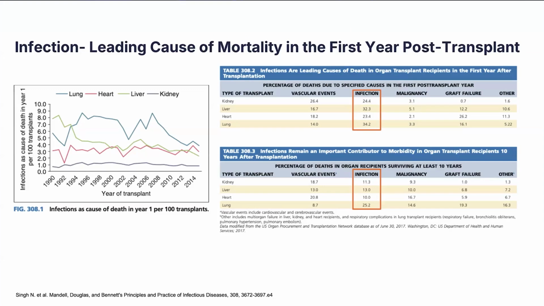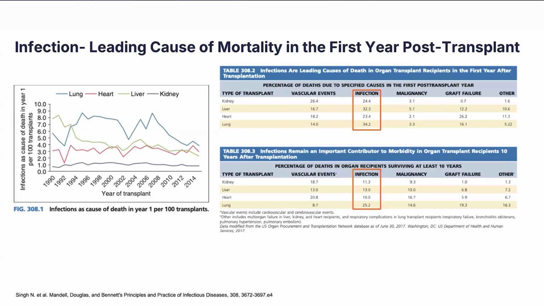If you look at the table on the top, in the first year after transplant and look at attributable causes of death in these patients, infection is the leading cause of death. But even if you look at long-term mortality in the next 10 years, which is in the table below, infection remains the leading cause of death in these patients.